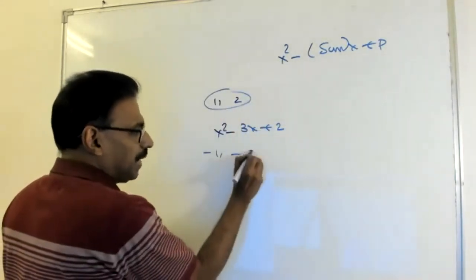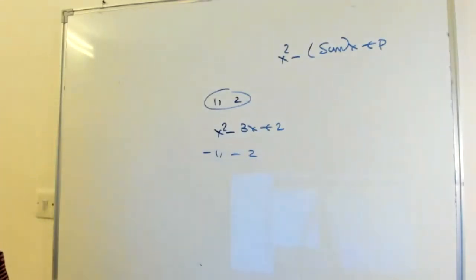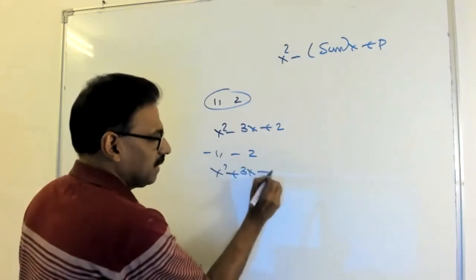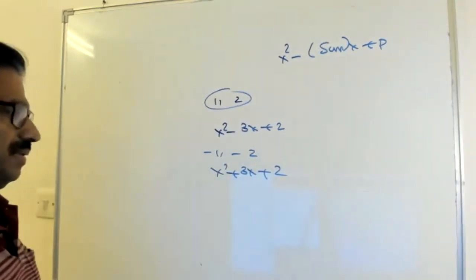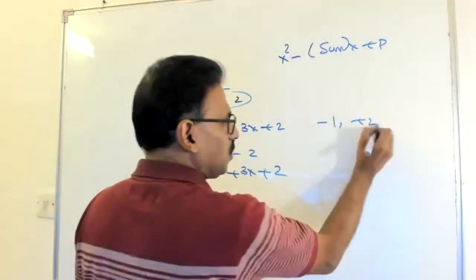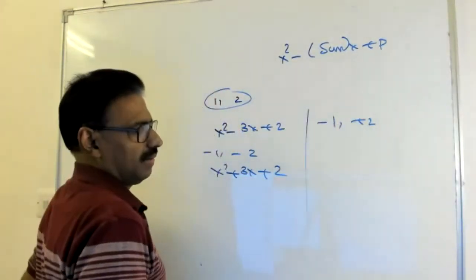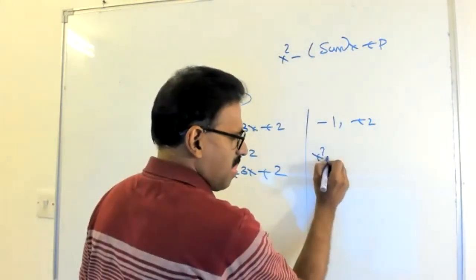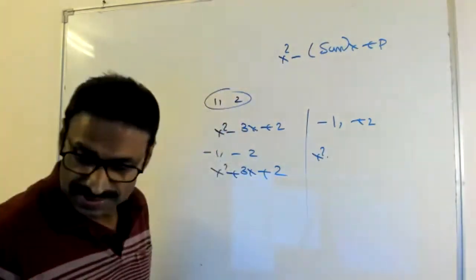Okay, minus 1 and minus 2, tell me. x square plus 3x plus 2, right? Yes, sir. Okay, minus 1 and plus 2, what is the polynomial?